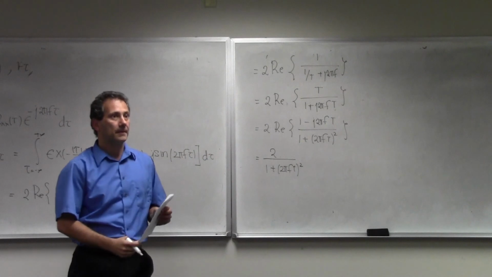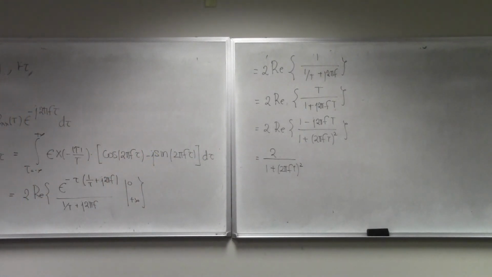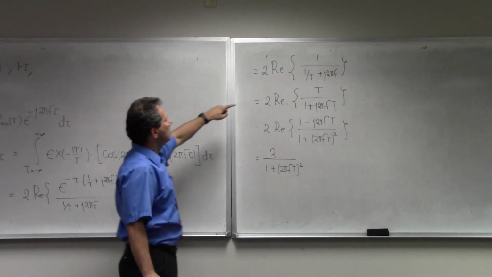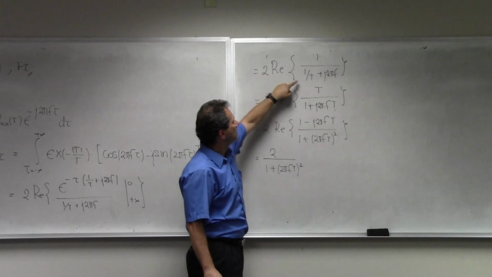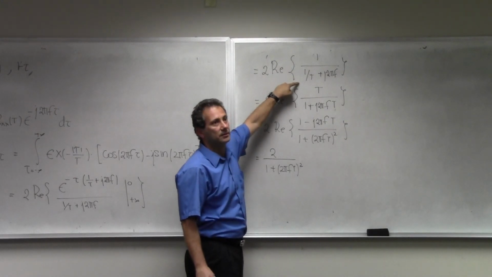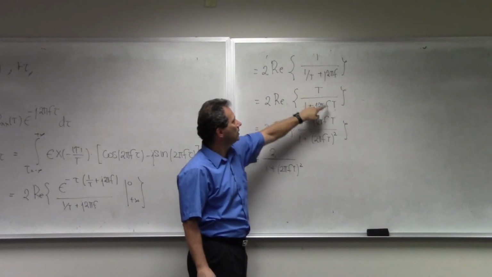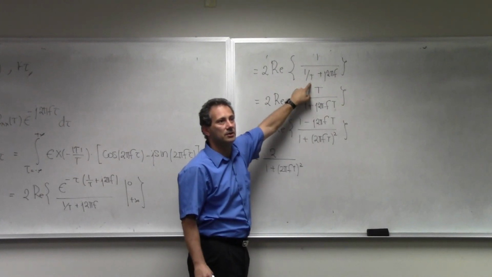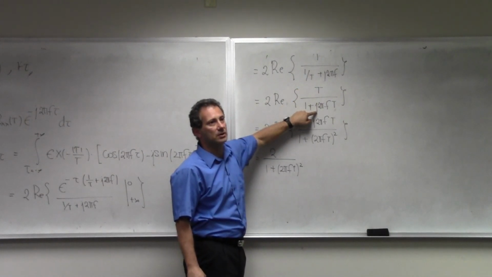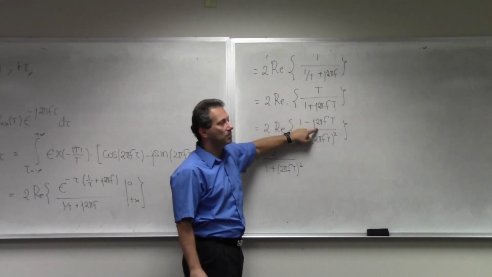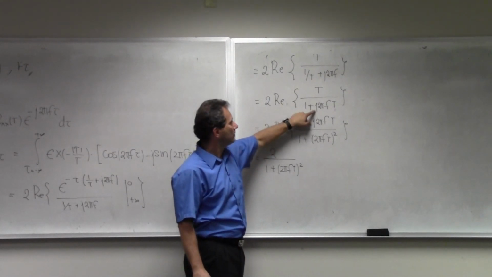Go ahead, if you finished up to that. I multiply top and bottom by T here, so I get rid of the 1 over T, and there's a T here and a T upstairs. Then I want to get rid of the complex number downstairs, so I multiply by the complex conjugate of whatever is downstairs.